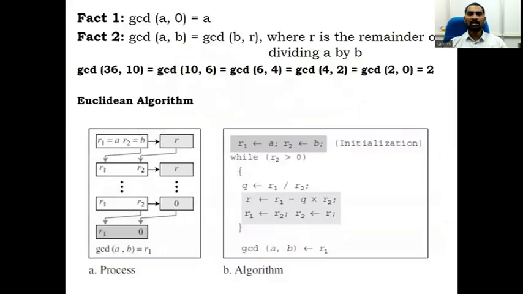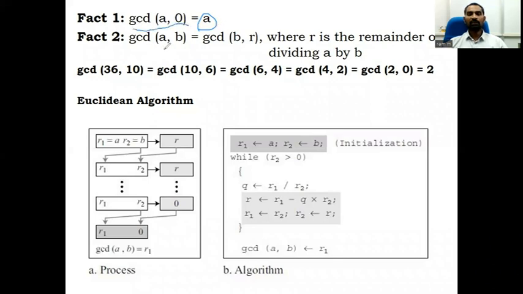What are the two assumptions? Fact 1 is that GCD of a comma 0 is equal to a. Why? Because 0 doesn't have any divisors. That's why GCD of a comma 0 is always equal to a.